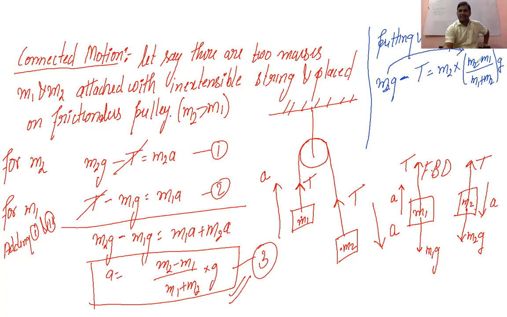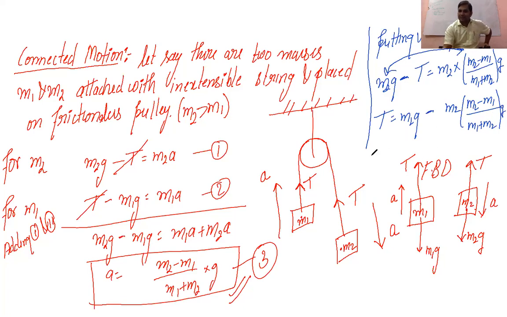So tension will become M2G minus M2 times M2 minus M1 upon M1 plus M2 into G. This is the case, and we can solve it.